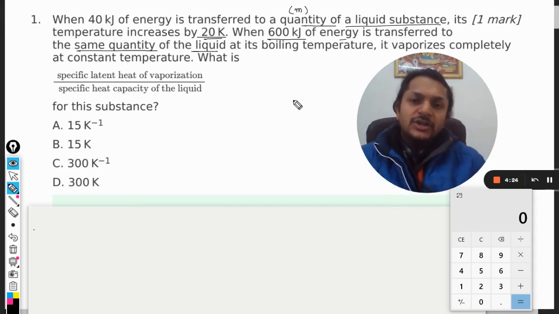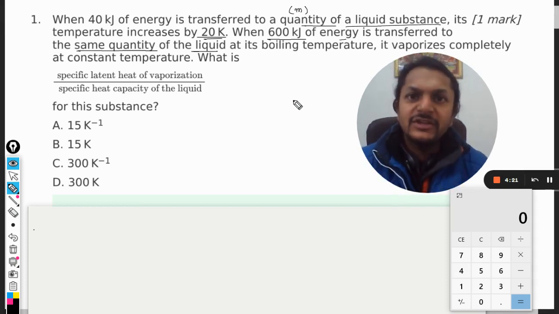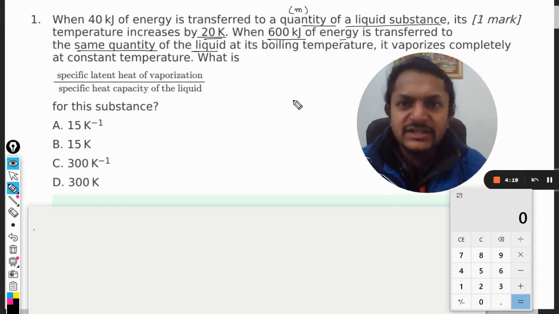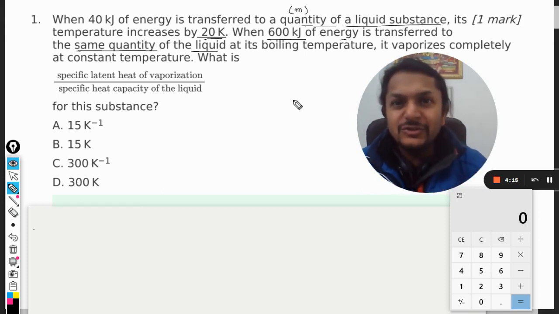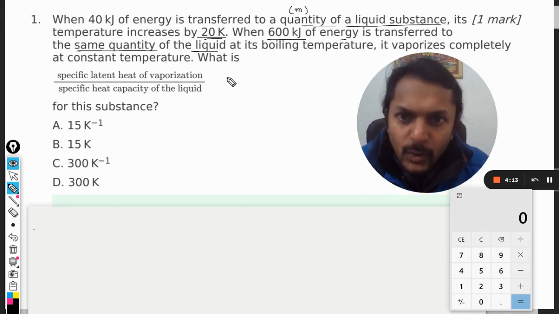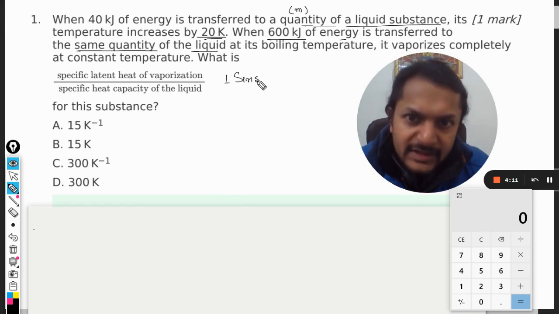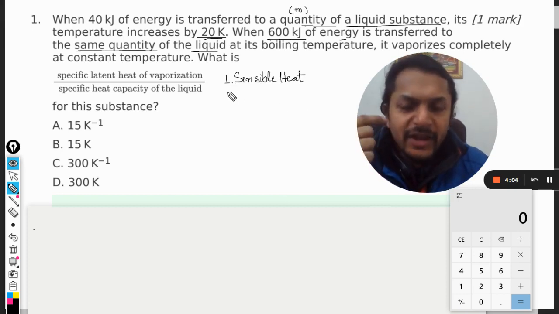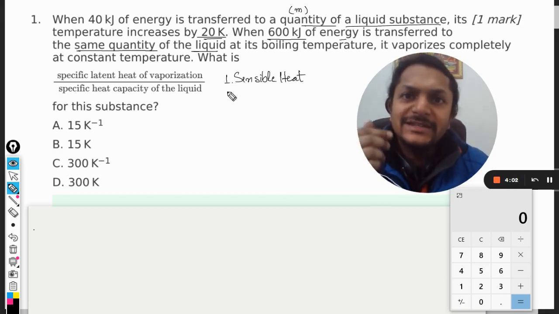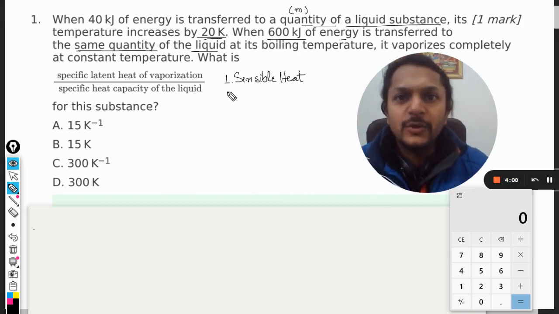Okay, fine. So my dear students, as we all know that whenever the heat is supplied to a substance, it can be used in two manners. Like the first kind of heat is known as sensible heating. Now, what is this sensible heating? Sensible heat is the heat which, when absorbed by a liquid, increases the temperature of the liquid.